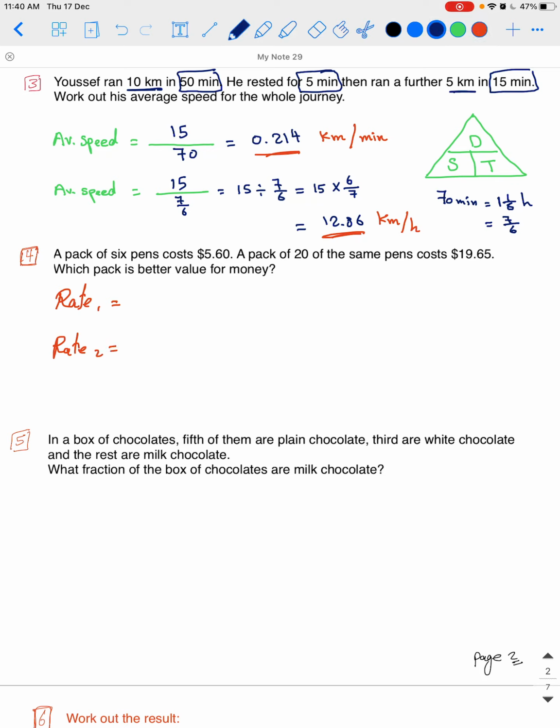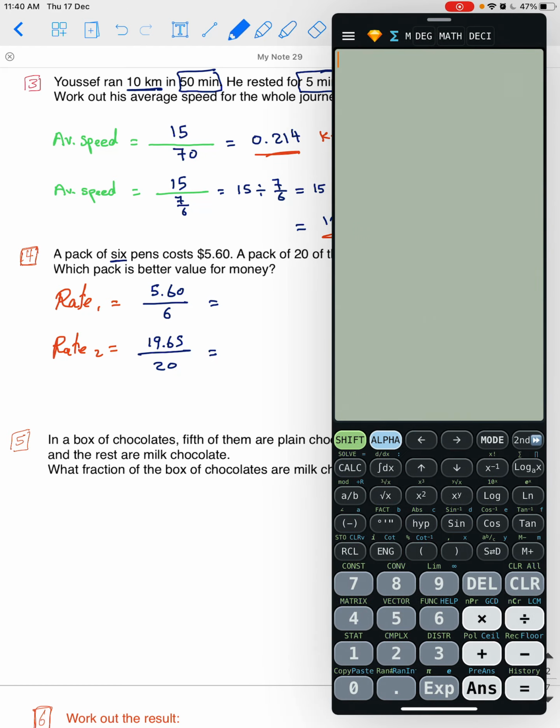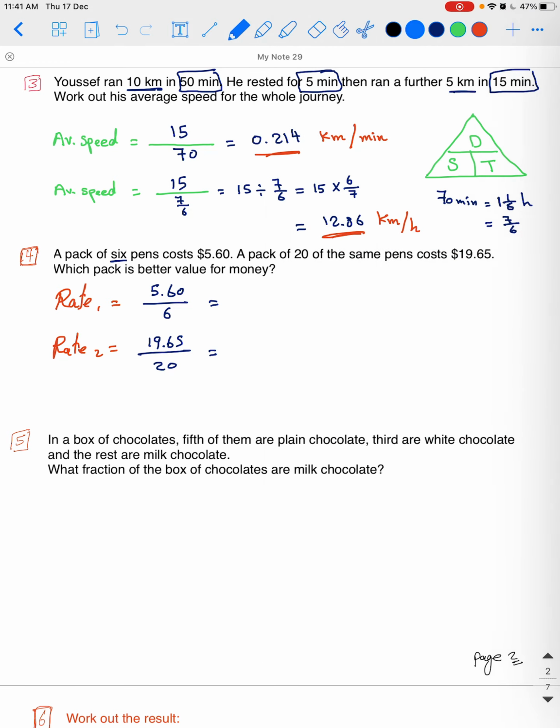So for rate 1, it will be $5.60 divided by 6. For the second one, it will be $19.65 divided by 20. Let's see the answer. The answer for the first one, 5.6 divided by 6, you will get 0.93 recurring.